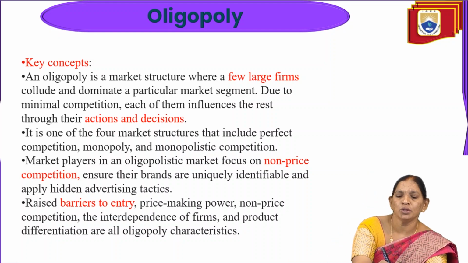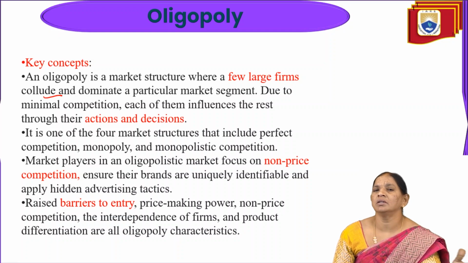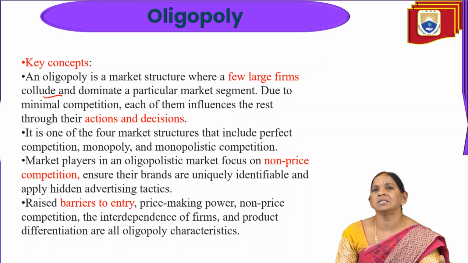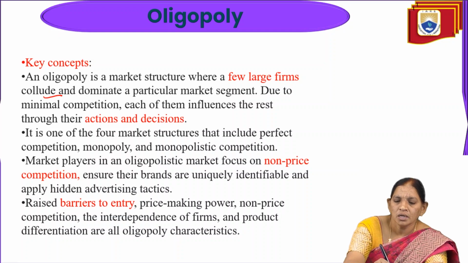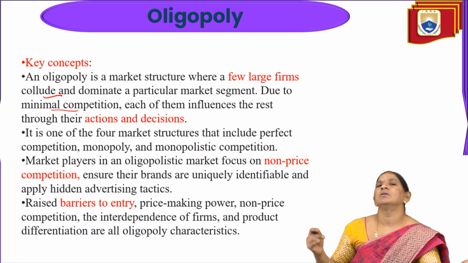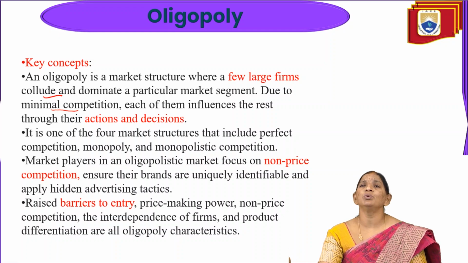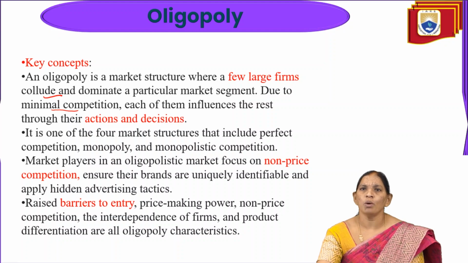To minimize the competition, each of them influences the rest through their actions and decisions. Here, minimum competition means the few firms don't want to compete with one another, so they try to minimize the competition.